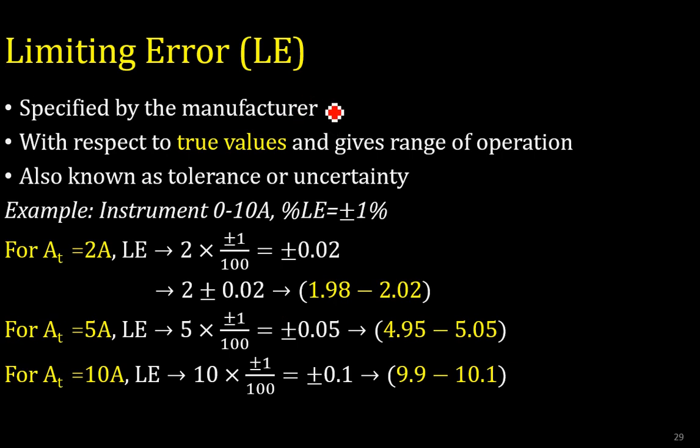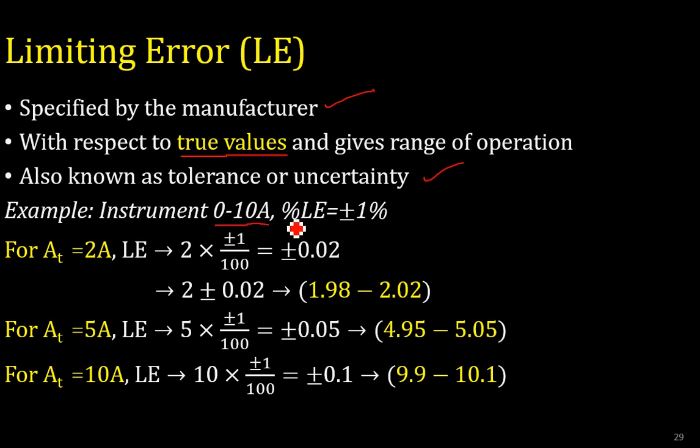This particular error is specified by the manufacturer, and it is with respect to the true value of the quantity that is being measured, and also gives the range of operation. Now it is also known as tolerance or uncertainty. Now for example, you have an instrument which is having a range of 0 to 10 amperes.